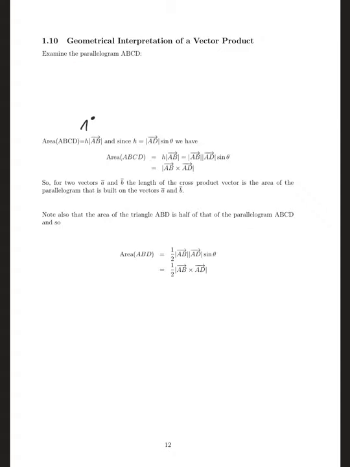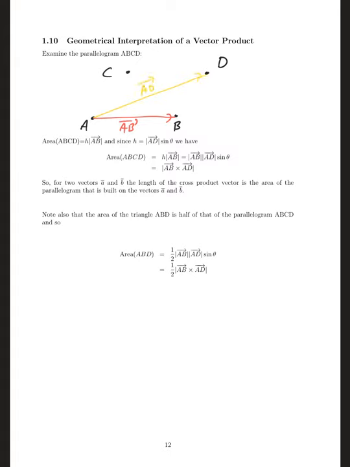Now let's look at a geometrical interpretation for a vector product. So we start with a parallelogram ABCD, and two vectors, the vector from A to B and the vector from A to D. And we're going to look at the cross product of those two vectors.